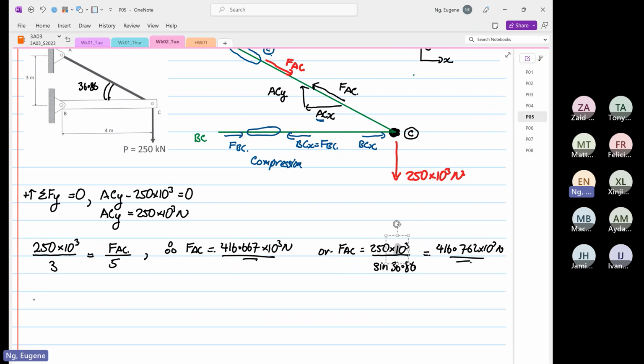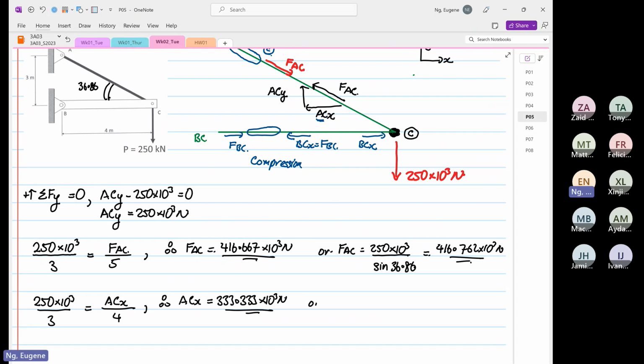So 250 times 10 to the power 3 over 3 is equal to ACX divided by 4. Therefore ACX is equal to 4 over 3 times 250 times 10 to the power 3, which is equal to 333.333 times 10 to the power 3 Newton.